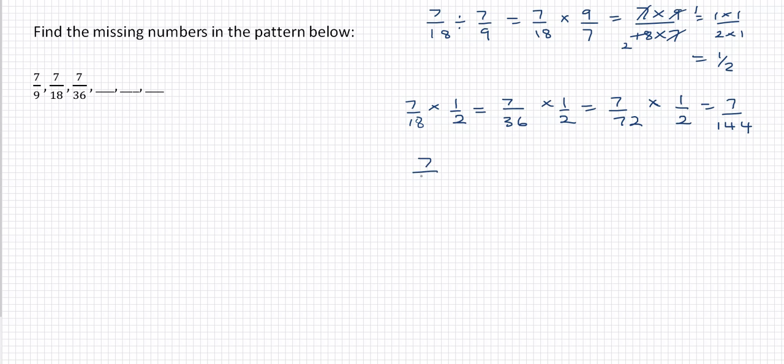And then we multiply 7/144 by 1/2 again, and we have 7/288. So let's go ahead and see. We have 7/36, 7/72, 7/144, and then 7/288. And those are the missing terms.